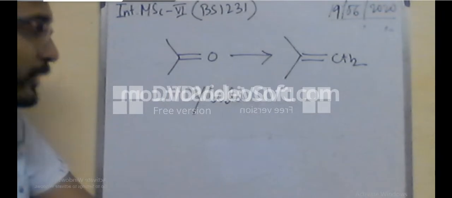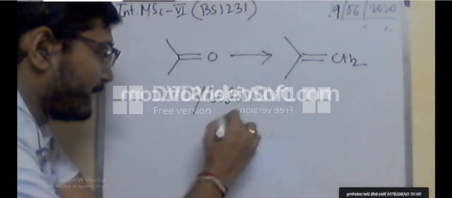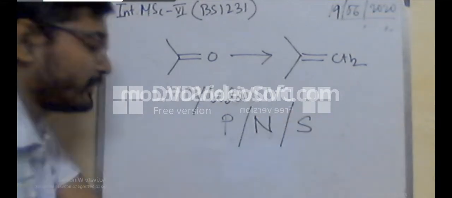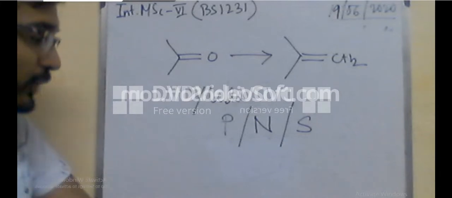This ylide is basically a combination of carbon atoms with different heteroatoms. Heteroatoms may be phosphorus, nitrogen, or sulfur, whatever it is, and the name will vary accordingly.